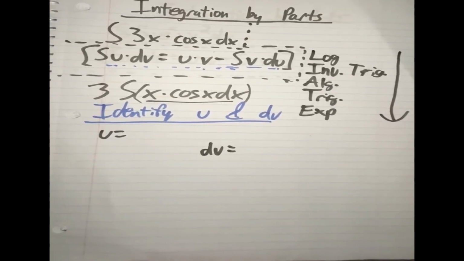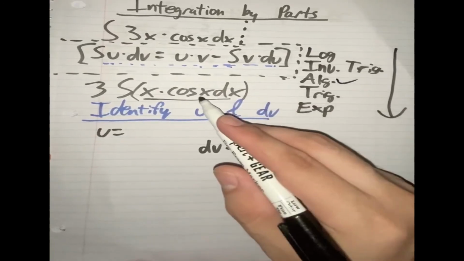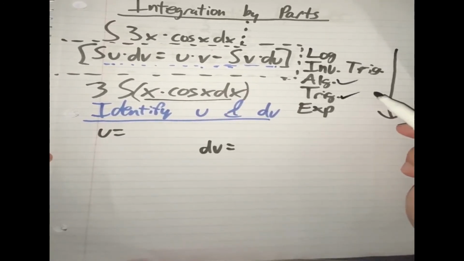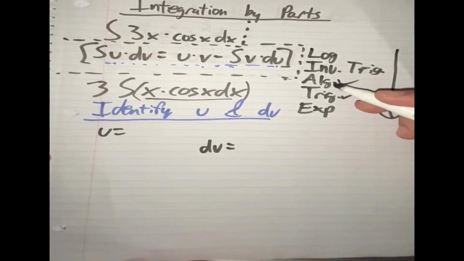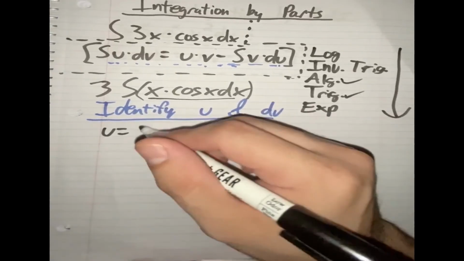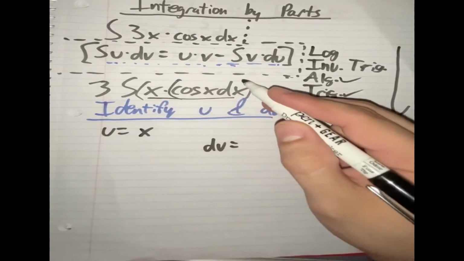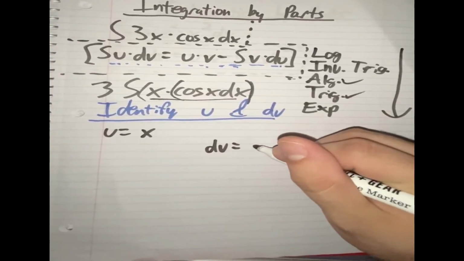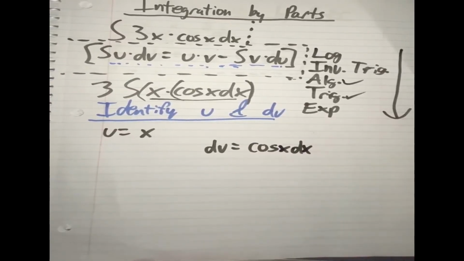For example, x is considered an algebraic function, and cosine x is considered a trig function. Since in this priority ranking algebra comes before trig, our x will be our u, which means the remainder of the function will be our dv, so in this case, cosine x dx.